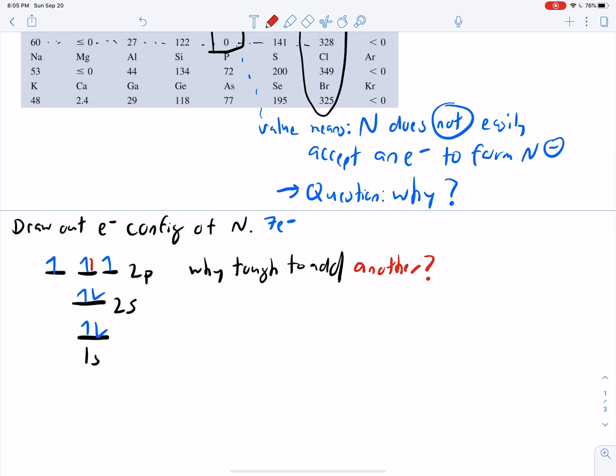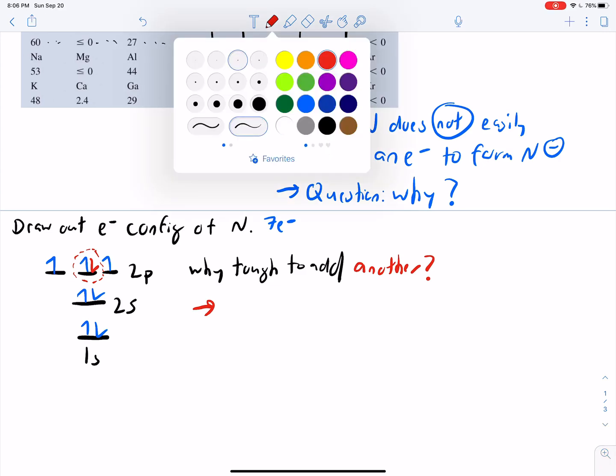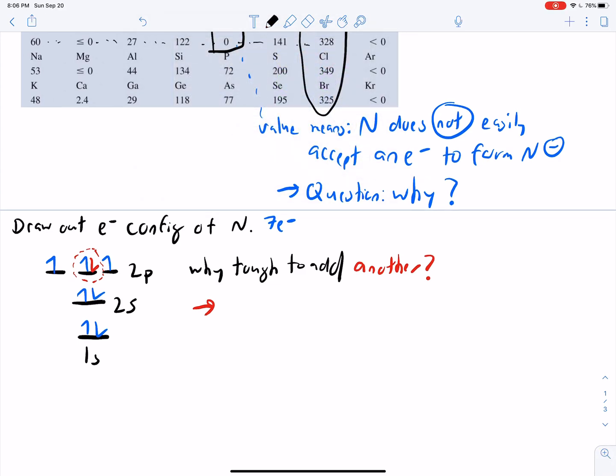I'll put it in this middle one. It would go into one of the 2p orbitals, and when the electron enters that 2p orbital, it would find that it has a roommate. Another way of saying this is that the new electron would be paired.